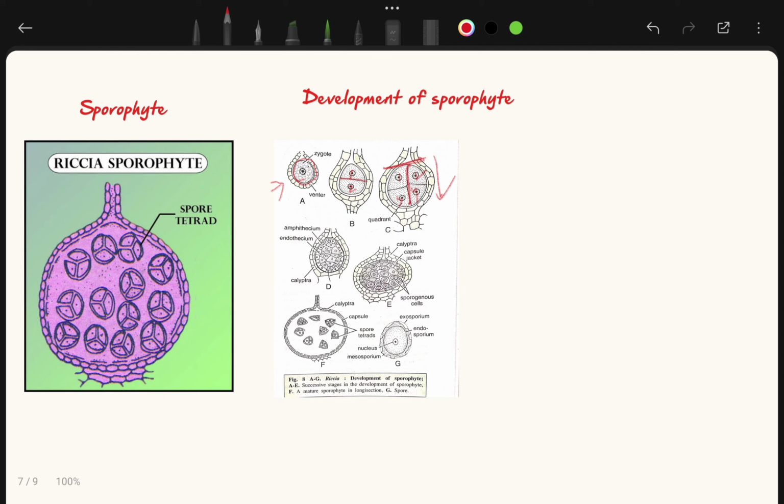Once the 8 cell stage is formed, which is also known as the octant stage, they will start to divide periclinally.